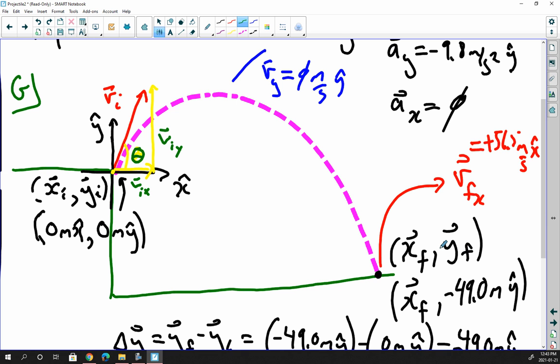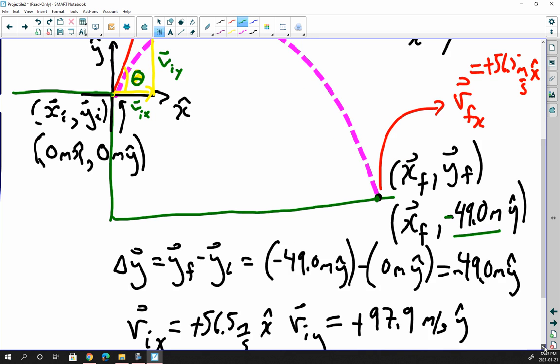But since I know that the object was shot from 49 meters above the ground, the cliff was 49 meters high, I know that right here, if this was 0 meters, this is below 0 meters by negative 49 meters. So I actually know what my Y component of the final position is. It's negative 49 meters Y hat. I can put that in there.